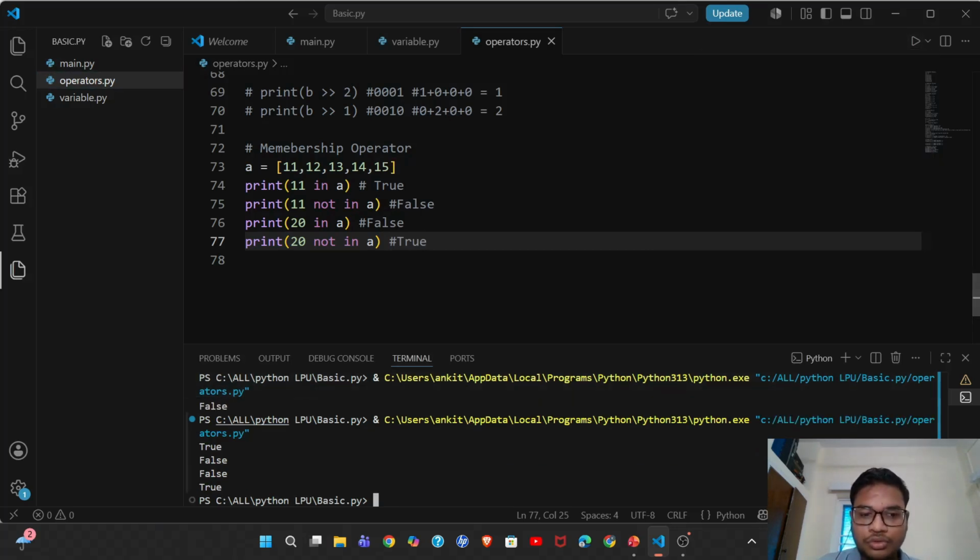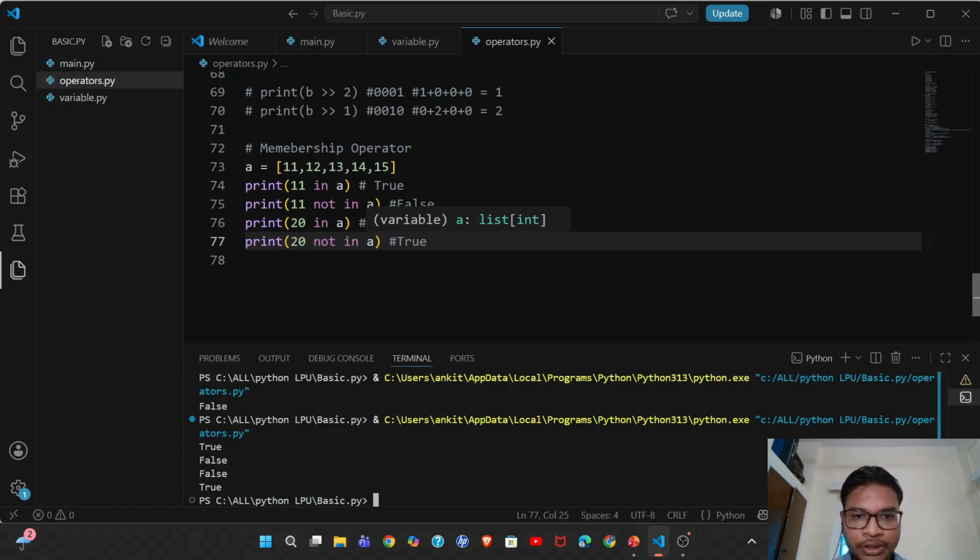Correct, false and true. 20 in A is false, and 20 not in A is true. So this is all about the membership operator. We only deal with in and not in. So I hope you clearly understand.